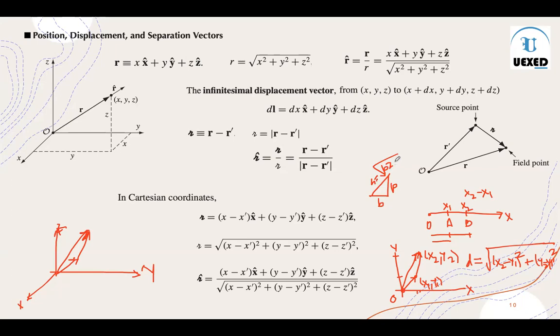This is the same thing in a generalized form, where you have to use the 3-dimensional space coordinates. Okay, and then the magnitude is going to be calculated like this, and the unit vector is also going to be calculated in a similar way to what we did here. So you can just write it like this.